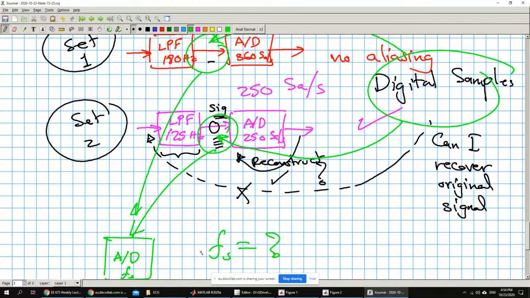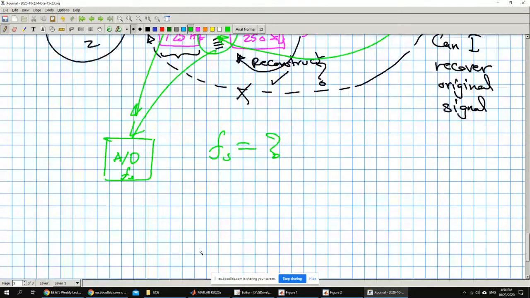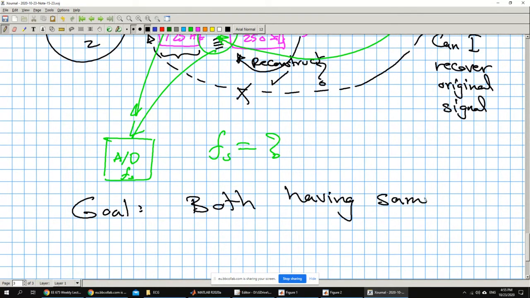The most important thing is the goal. Let's just form the goal. The goal is basically both having the same FS.